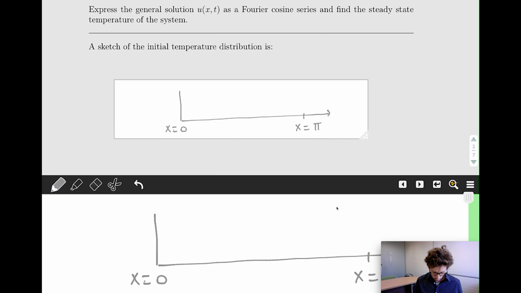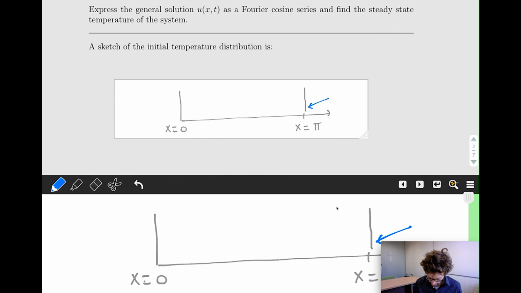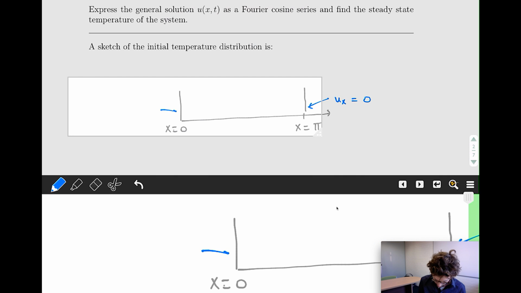And we've got constant slope at each end, so I can show that with little arrows. So we're going to demand that the slope of u is 0 at x is equal to pi, and the slope of u is equal to 0 at x is equal to 0.